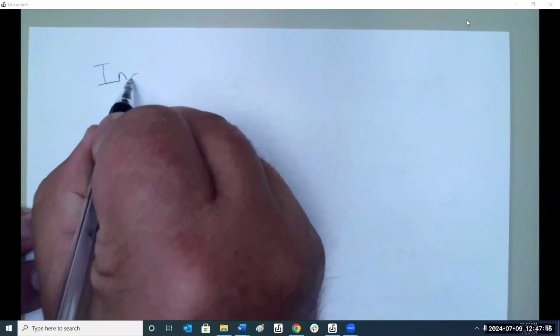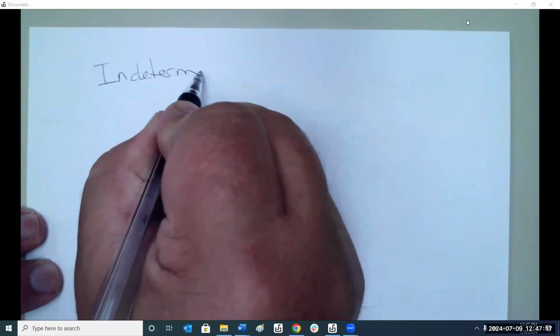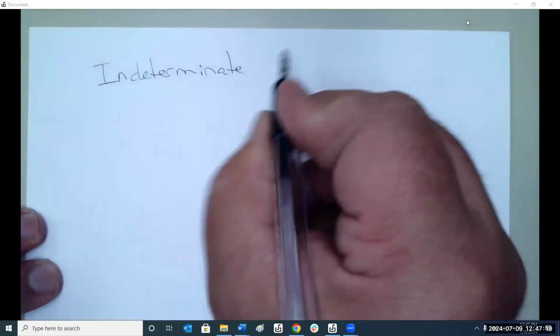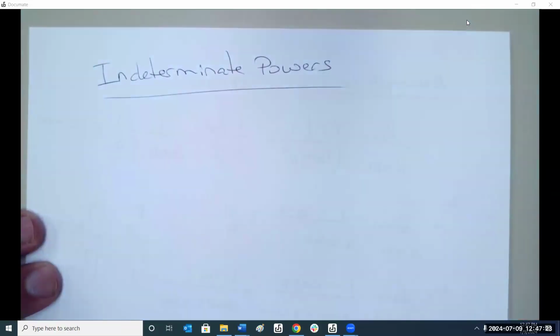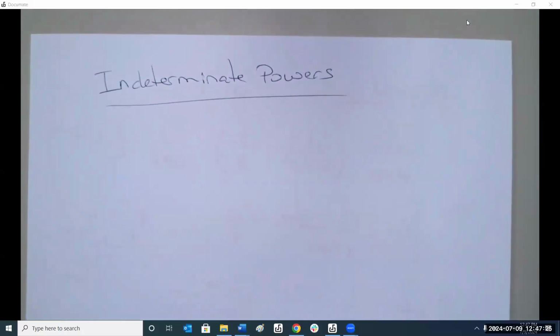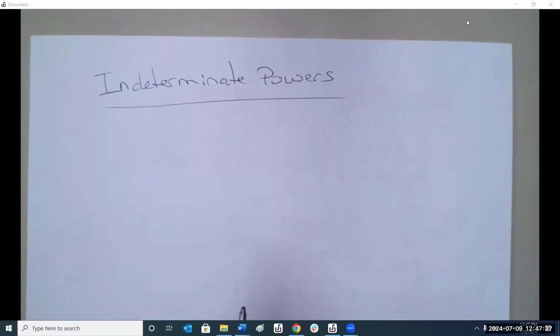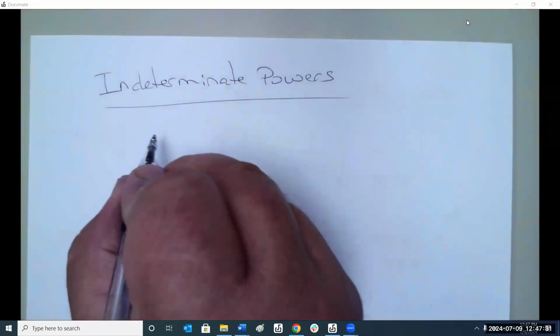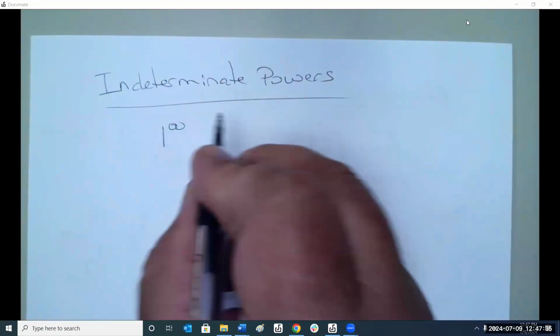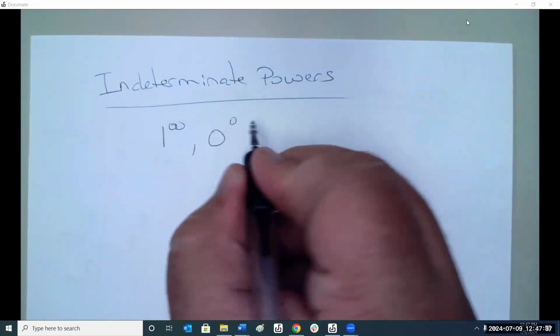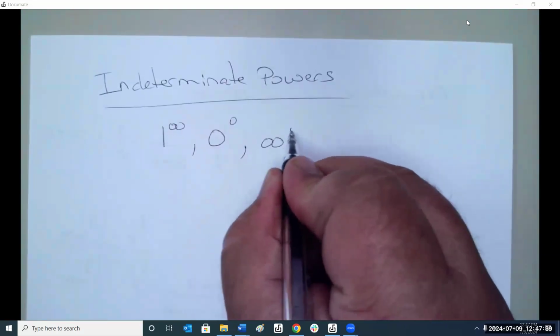What about the next part: indeterminate powers. In other words, looking at when we get the form 1 to the power infinity, 0 to the power 0, or infinity to the power 0.